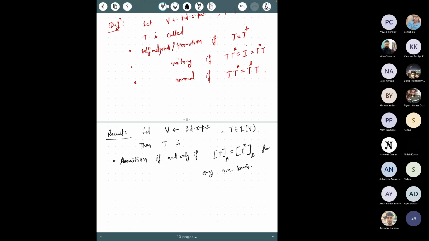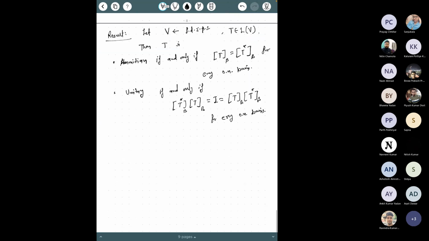Similarly, you can say that T is unitary if and only if T star T is equal to the identity, which is also equal to this one, and this is true, again, for every orthonormal basis. If this is true for every orthonormal basis, then you can say that T is unitary, and vice versa.